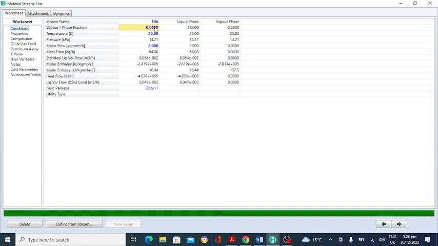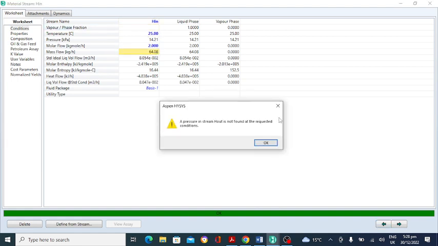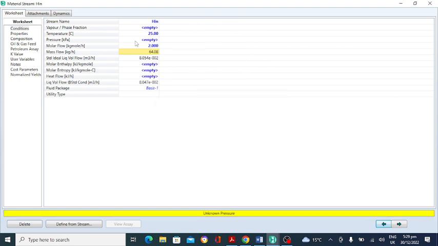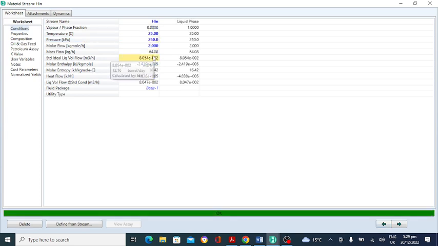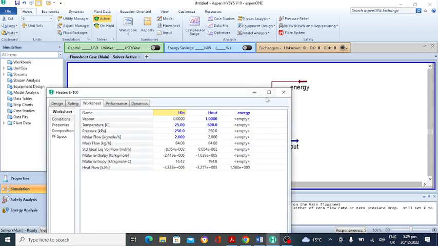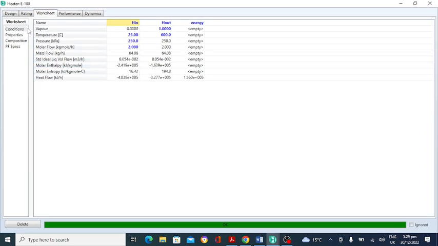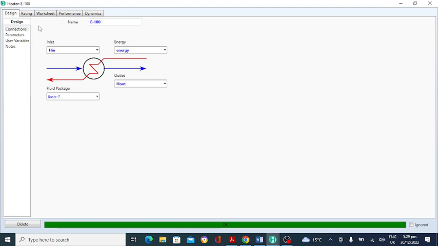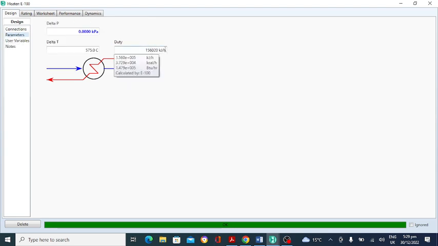Now for the heater, I'm changing this one to 250 kilopascal. Close this one and double click on the heater, and now go to the duty. How much duty of the heater will be required? So this amount of heater duty will be required.